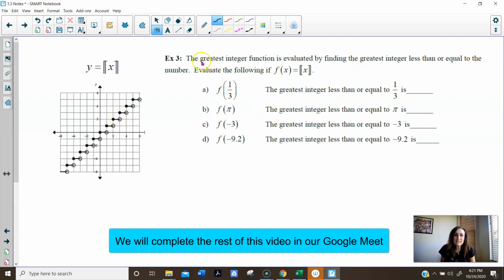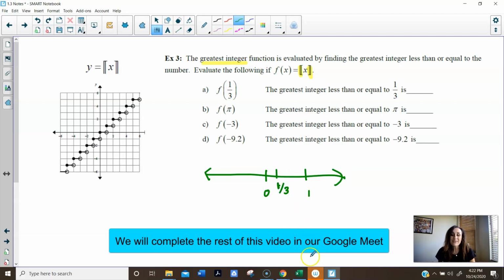So the greatest integer function is going to be symbolized with these double brackets. And what you're going to do is always go to the left on the number line when you find the greatest integer. So for example, if I'm looking for f of 1/3 and it's a greatest integer function, then on a number line, here's 0, here's 1, and here's 1/3.